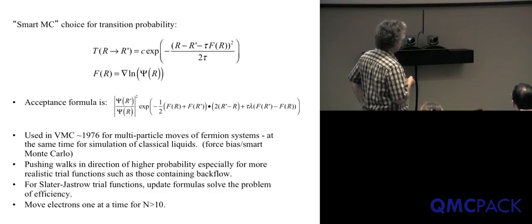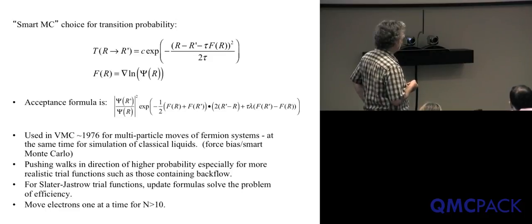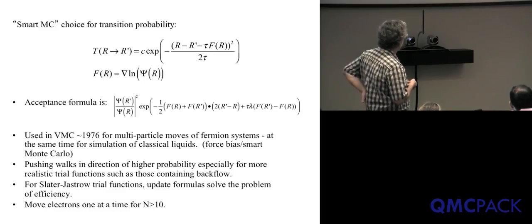And then you move to a position R minus tau times F, and then you have a Gaussian that has a width of the square root of tau, okay, and that's your new position. And then you calculate this acceptance probability, and what comes in there is the force at the old and the new position. Okay, and so that's all the work is in computing the forces.